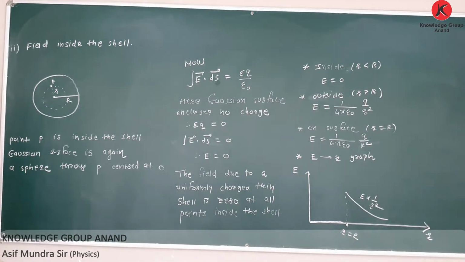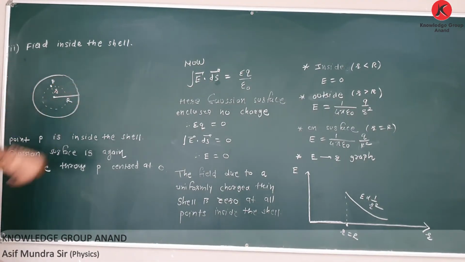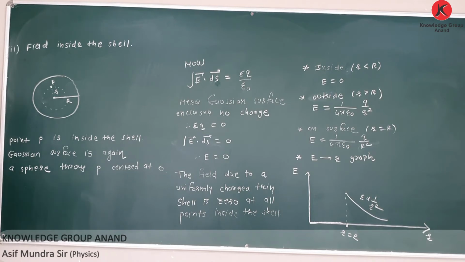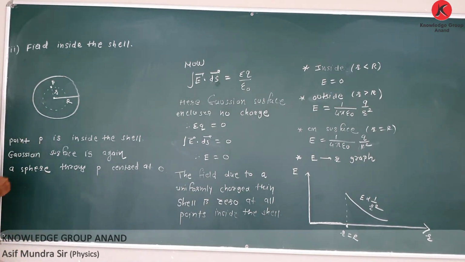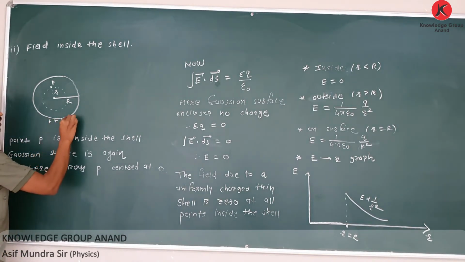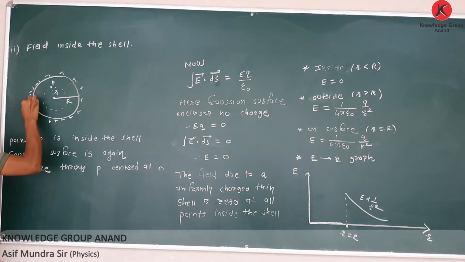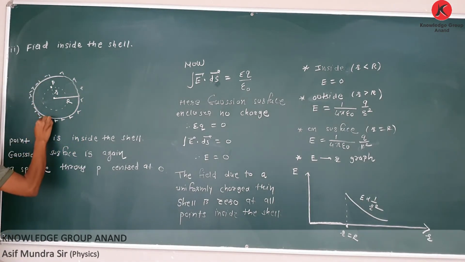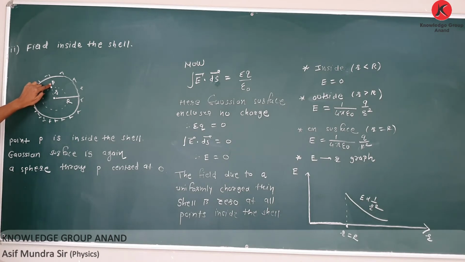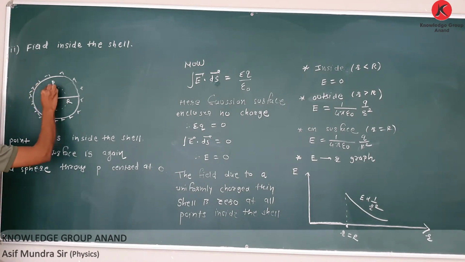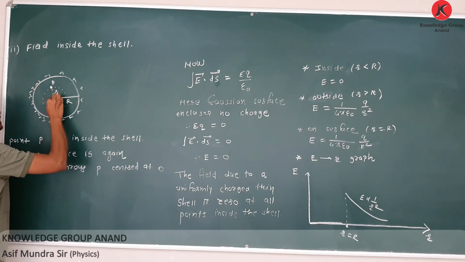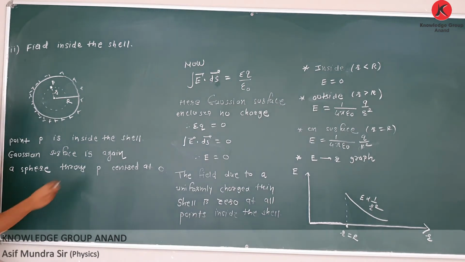Now second case, field inside the shell. See, we have to follow the same method. It is a shell of radius R, which is positively charged. Now we want to find electric field at a point inside the shell. It is point P, at a distance small r inside the shell.